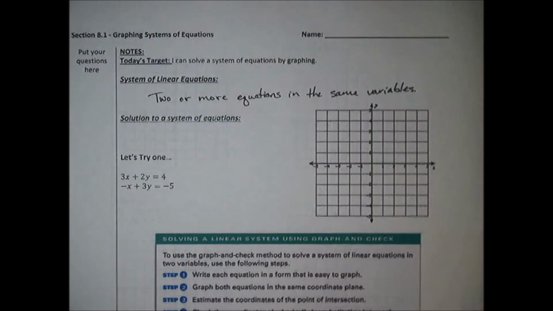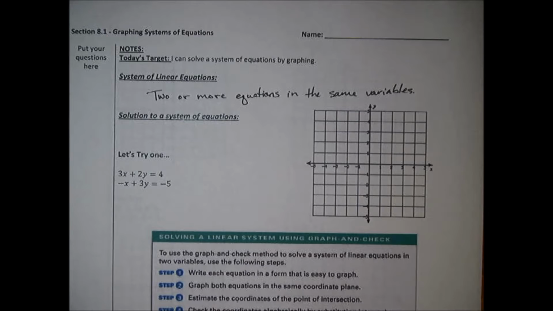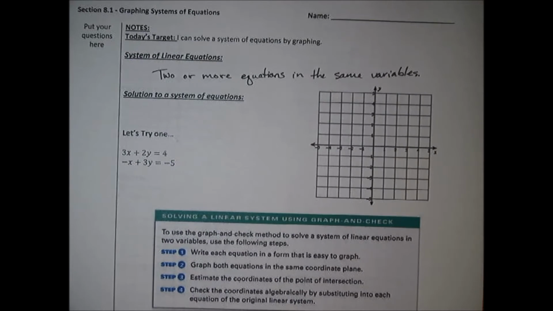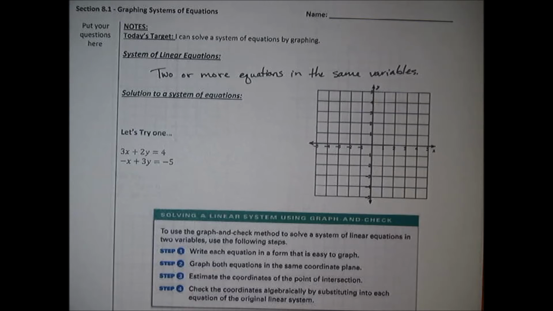Most of what you're going to see, at least in this section, are x's and y's, because the way we learn in this section is to graph them, and when we graph them, we always think of it on an xy coordinate plane. So most of our variables are going to be the x and y variables.